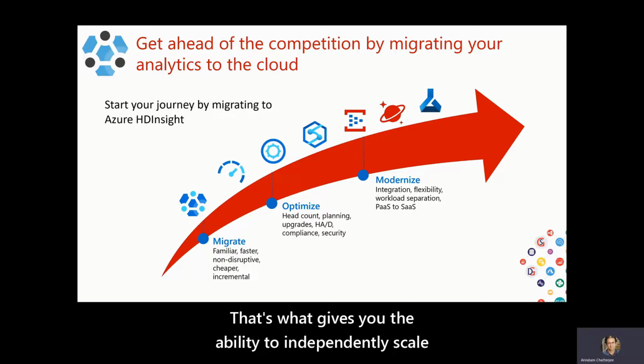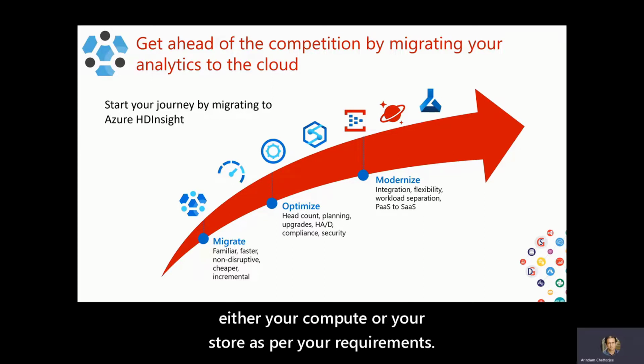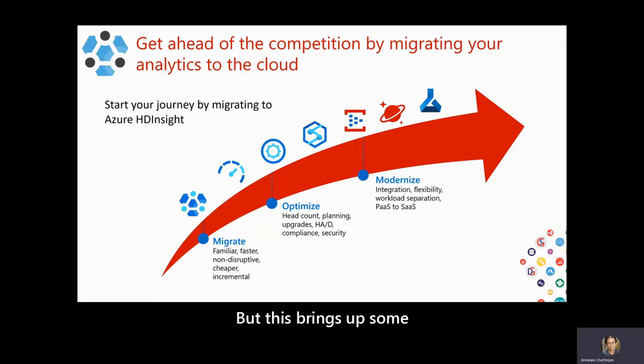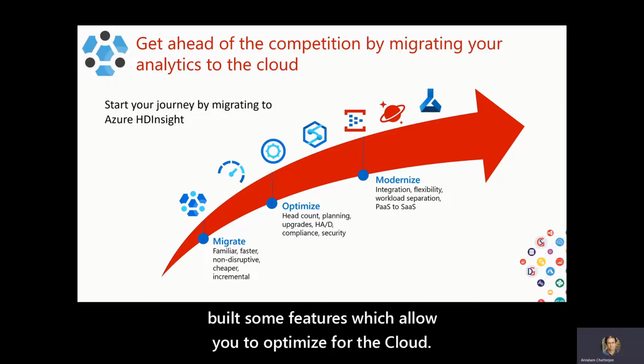That's what gives you the ability to independently scale either your compute or your store as per your requirements. But this brings up some interesting performance challenges at some point, and you need to optimize for that. And as you will see later on in the presentation, we have done some optimizations, built some features which allow you to optimize for the cloud.